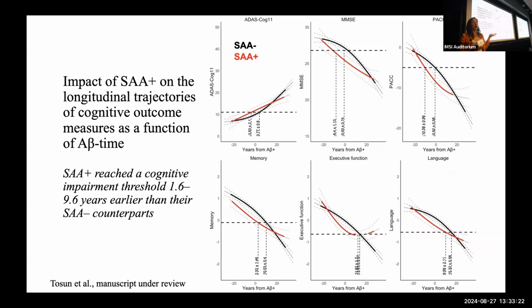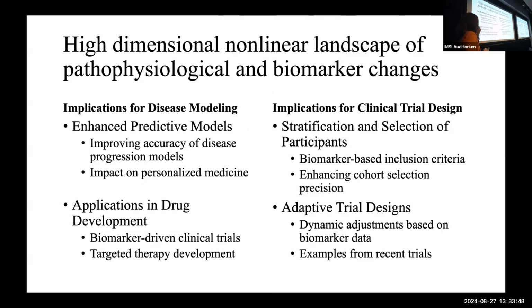And finally, the last thing I want to show from a results perspective is what this means in terms of clinical trials or understanding the heterogeneity we're observing in these individuals. Again, we use the amyloid onset age as our aligning time scale, and what we're observing is that individuals who have comorbid Lewy body pathology are showing cognitive impairment 2 to 9 years earlier than individuals who don't have those comorbid pathologies.